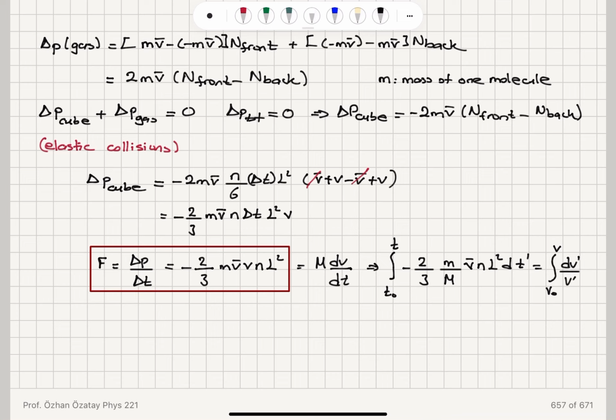So here you can see this V goes downstairs in order to form this integration. So I isolate the two variables, time and the speed variables.